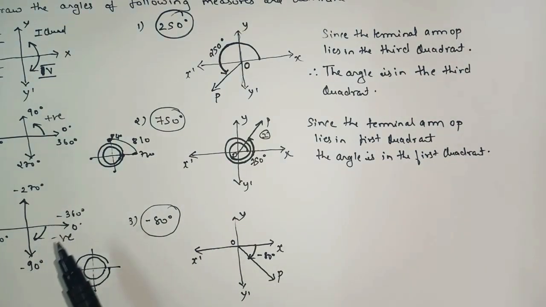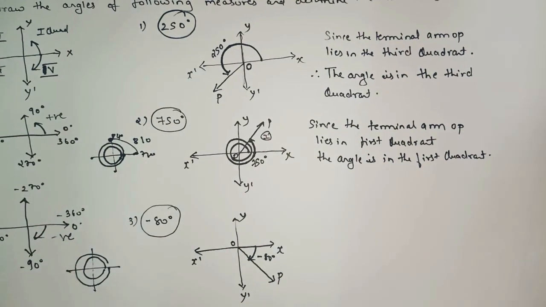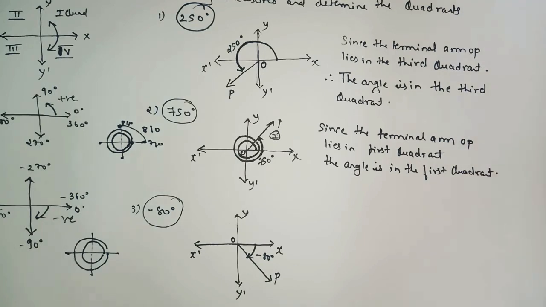As we know that position of negative angle starts from here, yes or no? 0, minus 90, minus 180, minus 270, and minus 360. Okay, so minus 80, common sense, it will lie between 0 and minus 90. So somewhere it will come here. And we know that whenever the angle rotates in clockwise or anti-clockwise direction, the position of the quadrant never changes, it will be same. So clearly we can see that this minus 80, it lies where? It lies in the fourth quadrant.